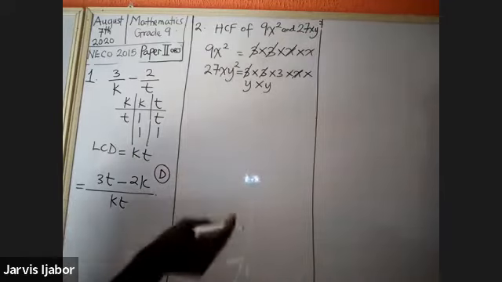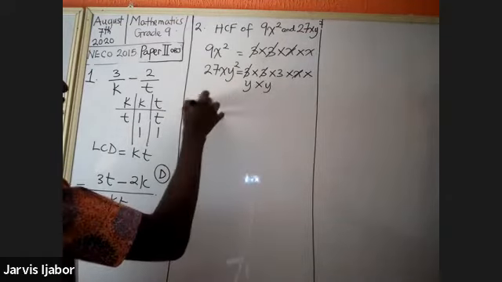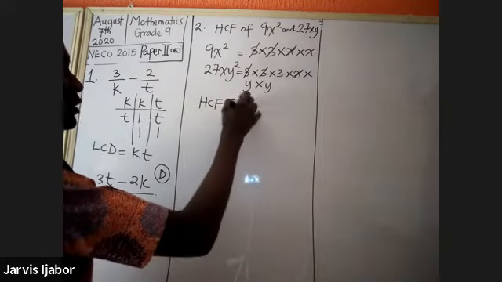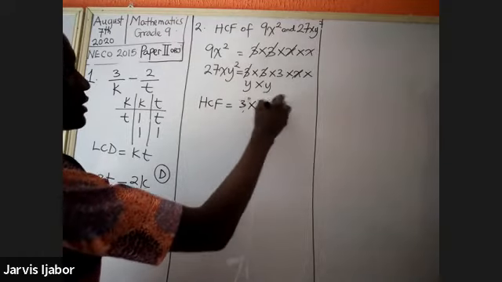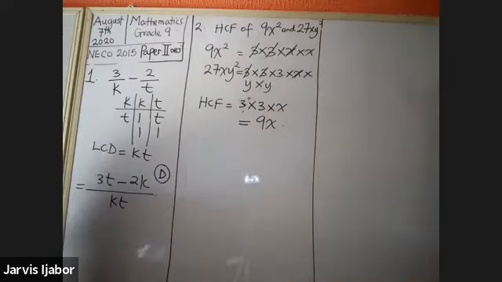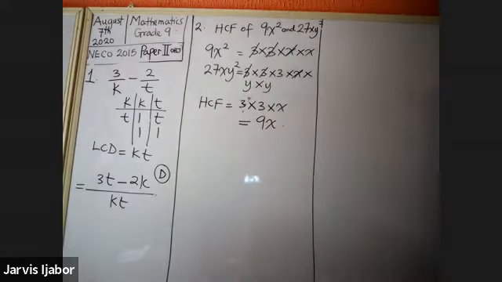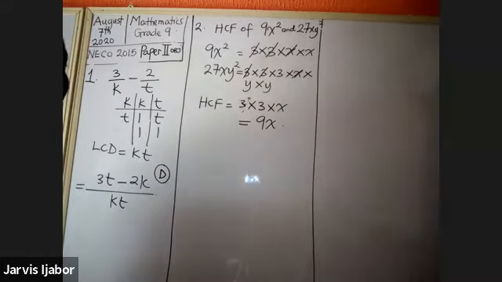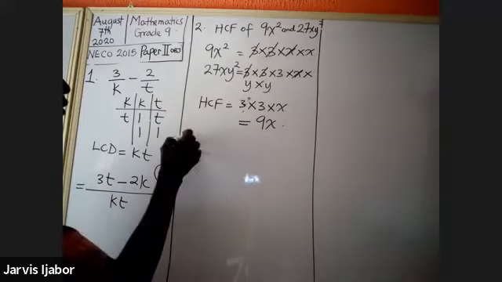And that's all you have. So it means the HCF will be 3 times 3 times x. So the answer is 9x. The HCF will be 9x.